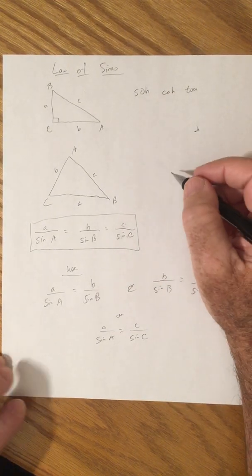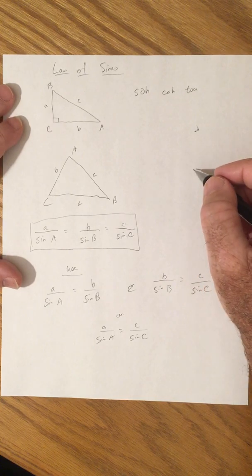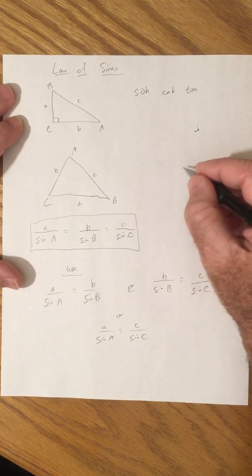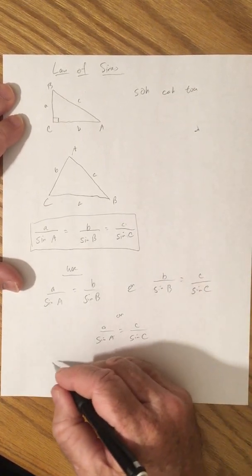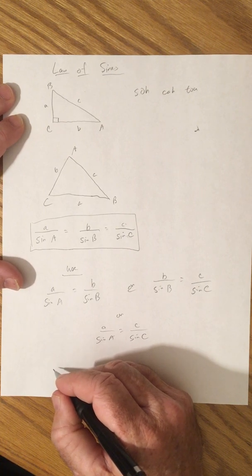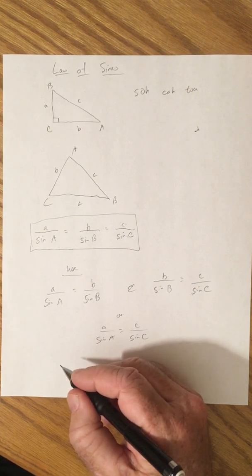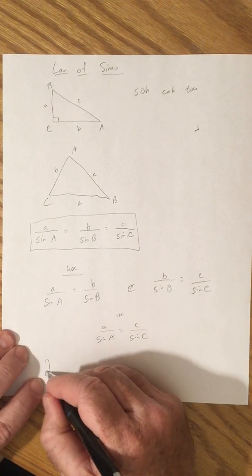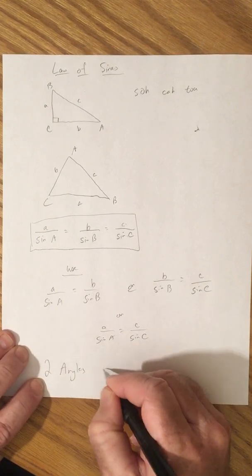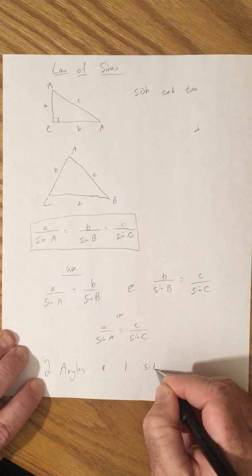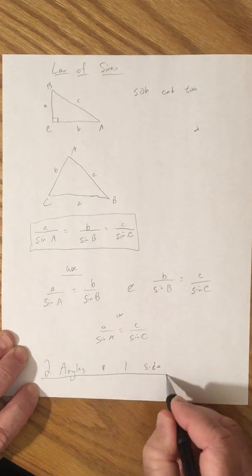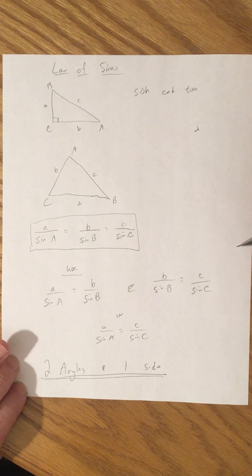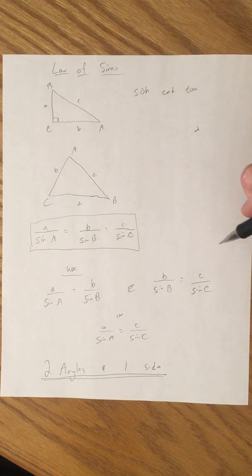Now we're going to use this in a very specific situation, and the law of sines is used only under the conditions of two angles and one side as given information. If you're given two angles and one side in a triangle, you use the law of sines to find the other three parts.